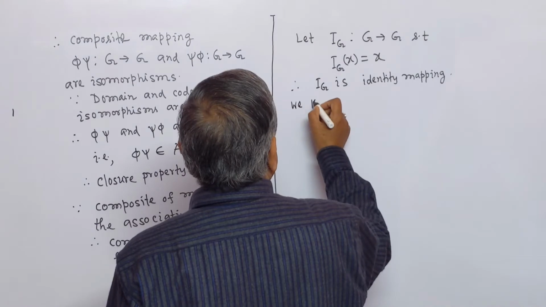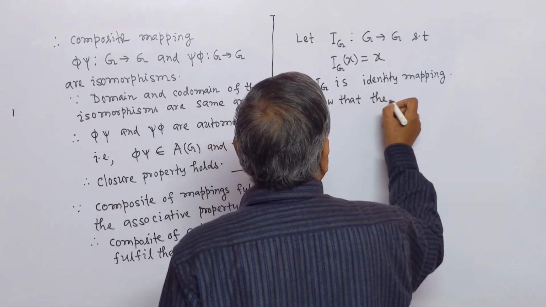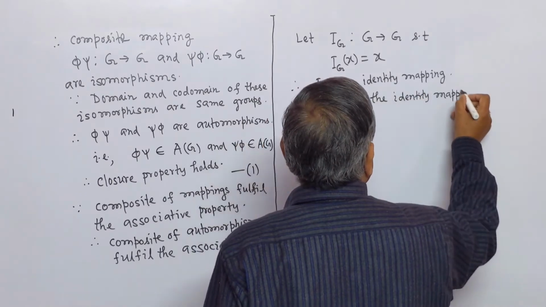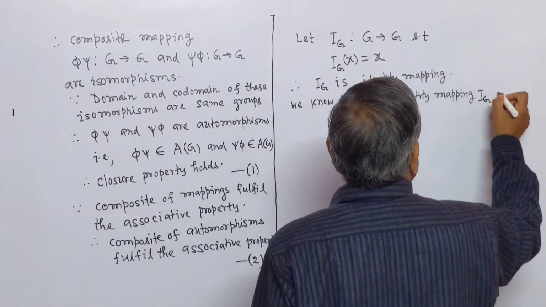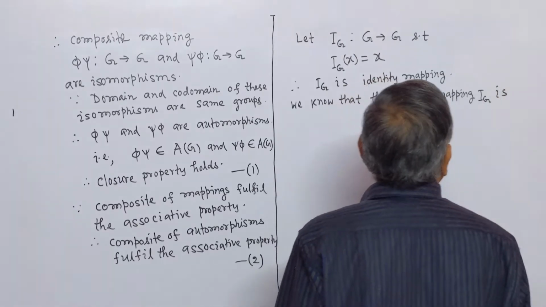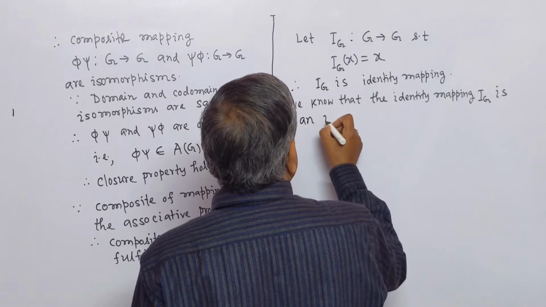We know that the identity mapping Ig is an isomorphism.